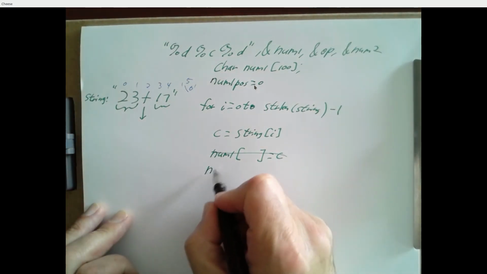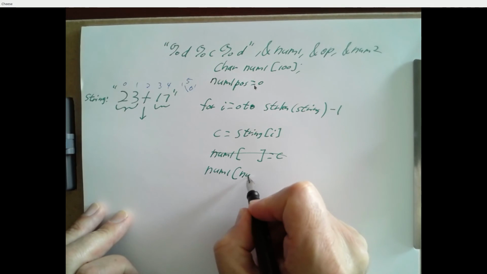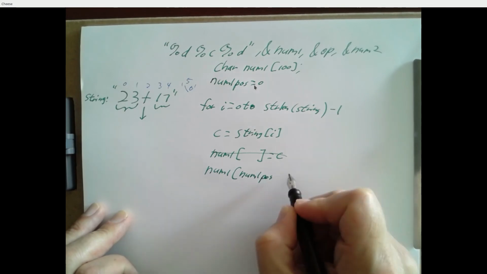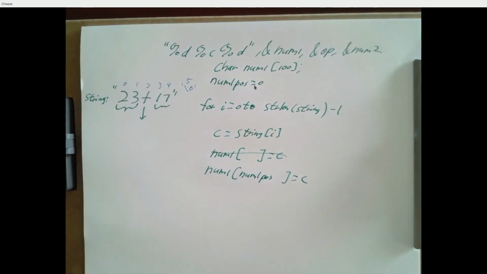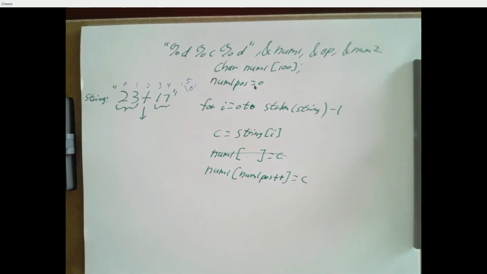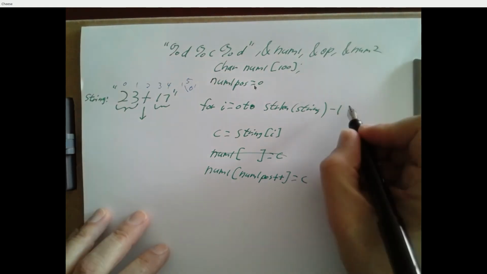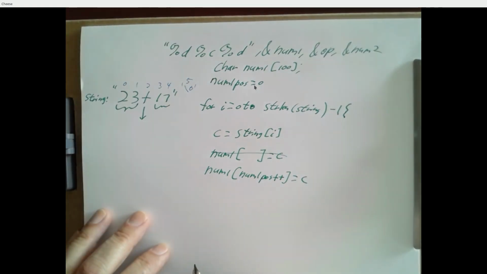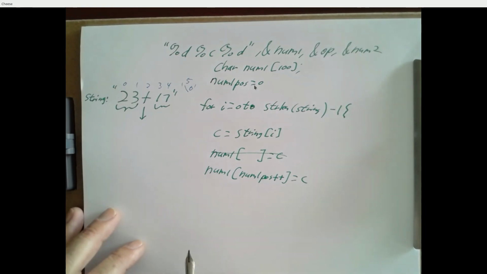And now we could say num1 at position equals c. And after we've stored character c at that position, we want to increment that position, so we could throw a plus plus in here, or write a separate increment statement. And we want to basically repeat this up to a point. So where do we stop doing this?